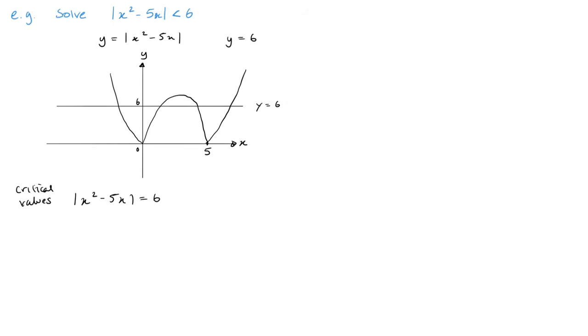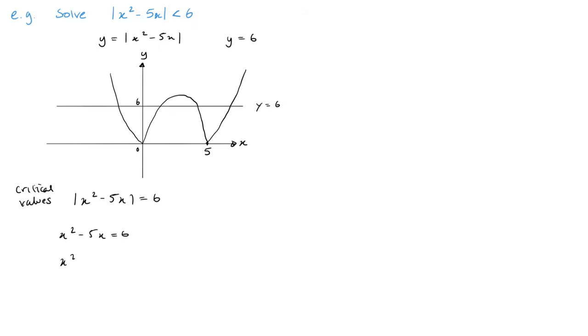So here, here, here, and here. If I do these outside ones first of all, these are part of the normal graph, not affected by the modulus sign. So that means that if I do x squared minus 5x equals 6, I should get the values of these 2 points here.